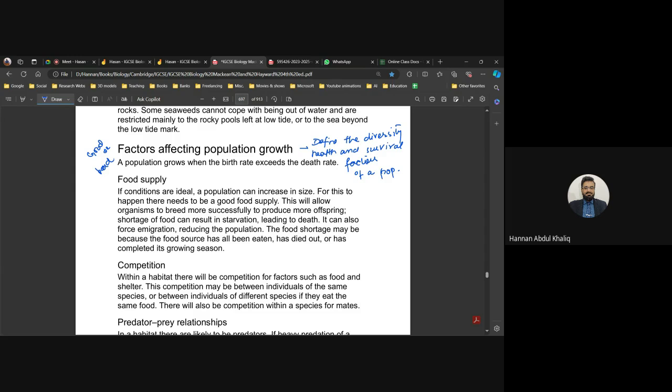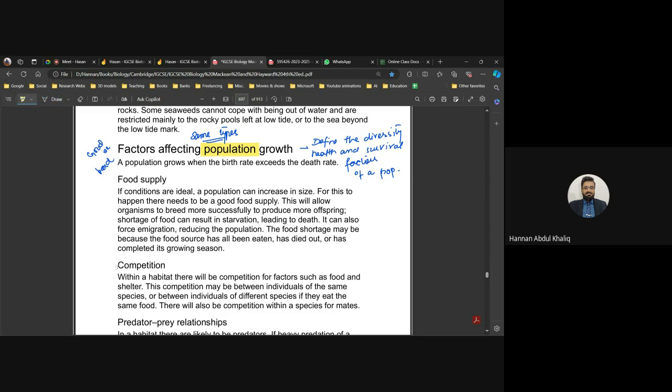So, food supply. What is the food supply? Do we have a lot of competition? Remember, we are talking about population, which means right now we have the same types of organisms. We are not discussing any relation between different types of organisms. So food supply makes the organisms compete a lot.